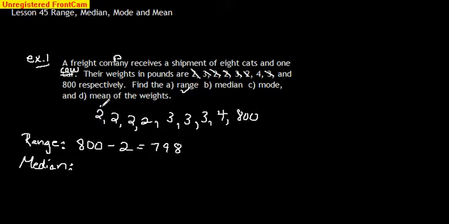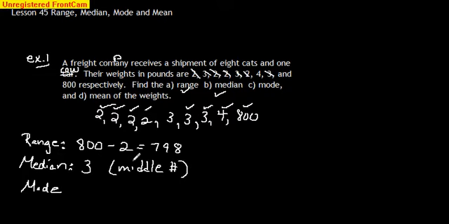I use my fingers, and I'll put my fingers on the outside, and then I'll put my fingers on the inside, next one, and then the next one, and then the next one, until I find the middle. So the median, the one in the middle, after they're lined up in order, is 3. We did that one.